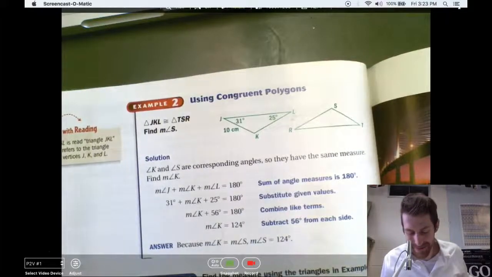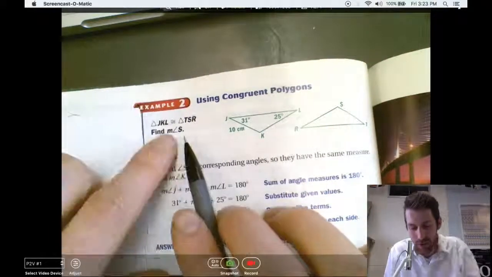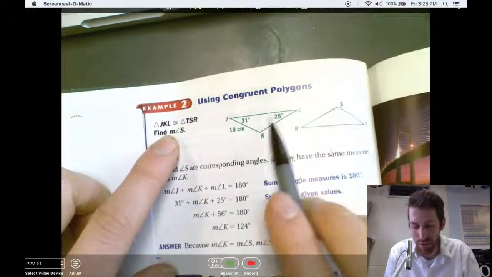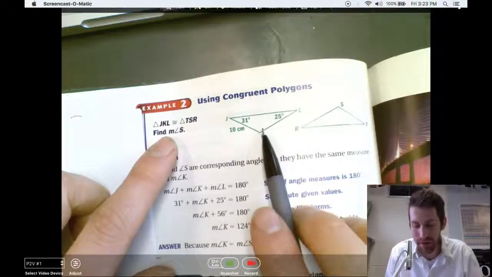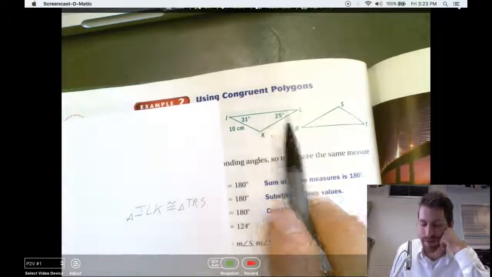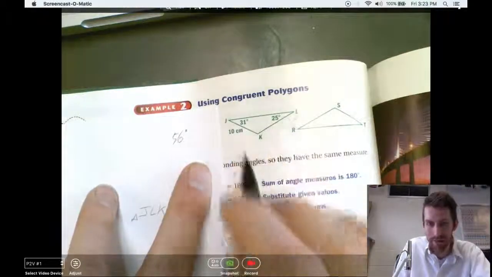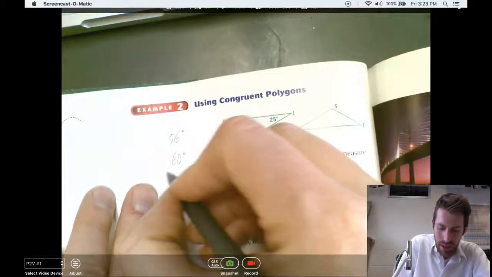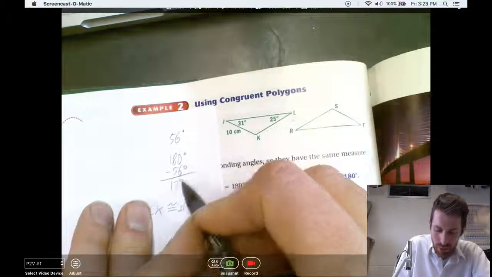So we're trying to find S. The corresponding part in this triangle is K, corresponding angle. So how can we figure out what K is? Well, we do 31 plus 25 is 56. And I know that the total angles is 180. So 180 minus 56 is going to give us 124.